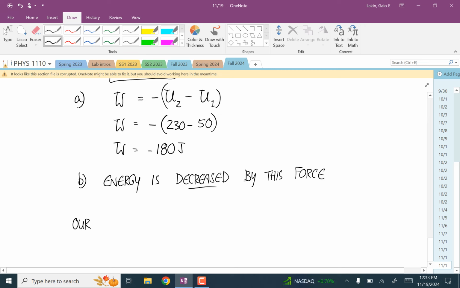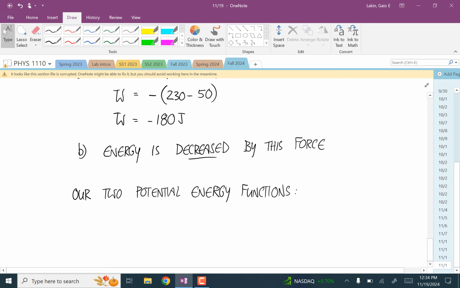So for this class, our two potential energy functions are, for gravitation, potential energy is equal to the mass of the object times g, which is 9.81 meters per second squared, times the height of the object.